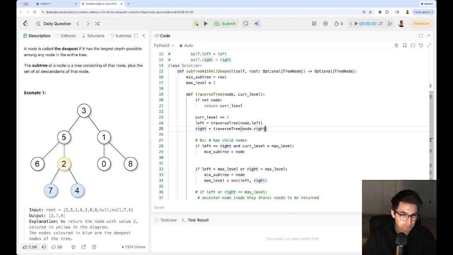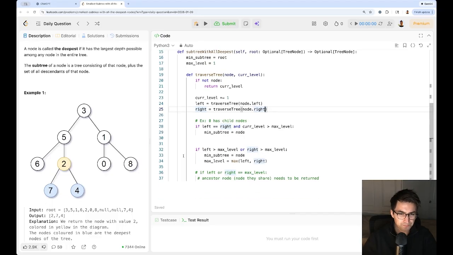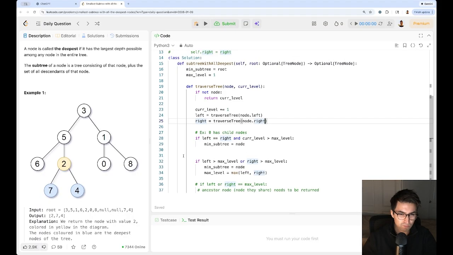We go to 5 and start traversing down. 3, 4, also, we need to make sure we add that into the function.